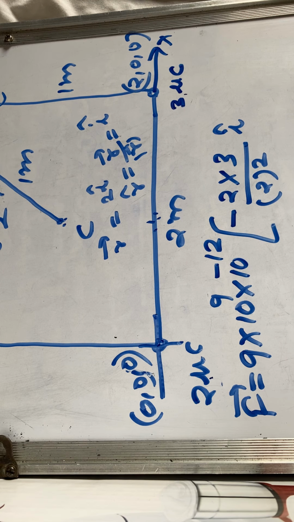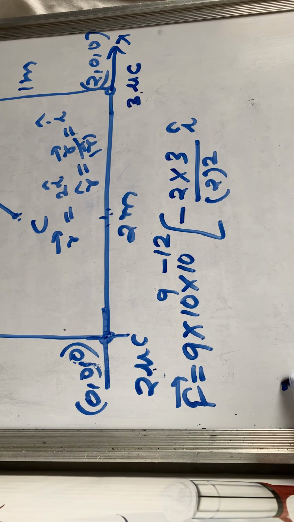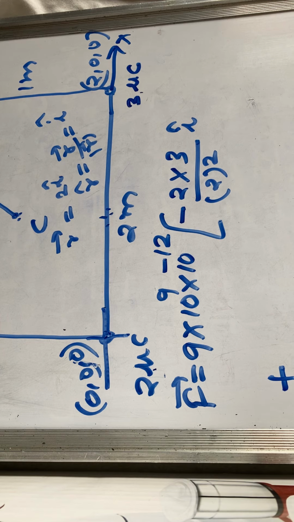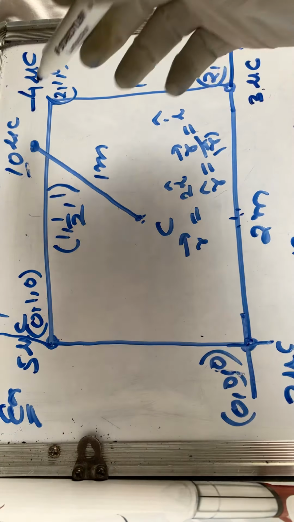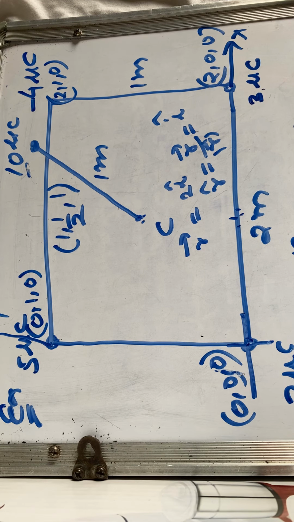Now the same way I'm writing the force between the 2 microcoulomb charge and the minus 4 microcoulomb charge. That force will be positive. This coordinate is 2 1 0, okay?